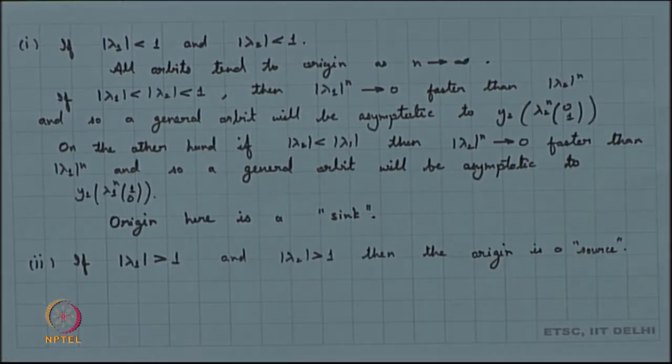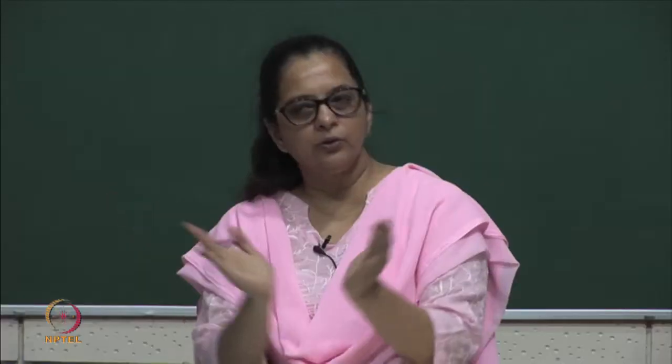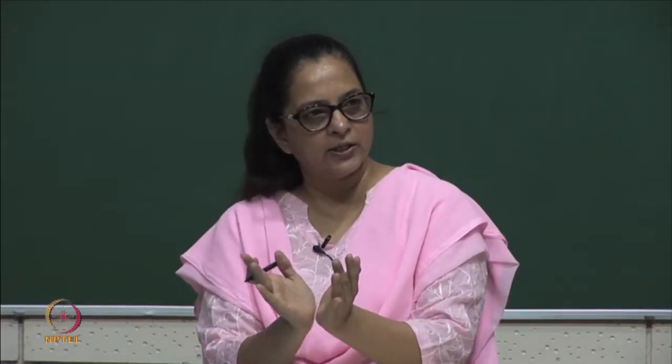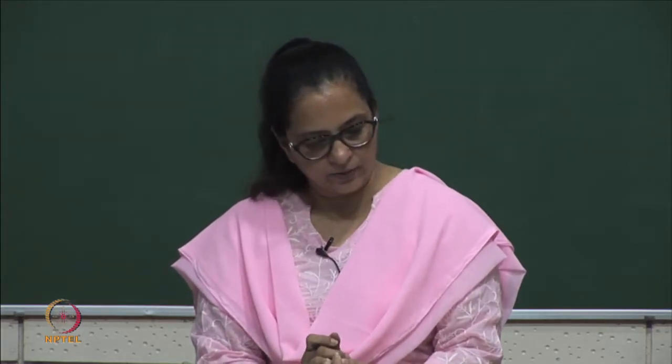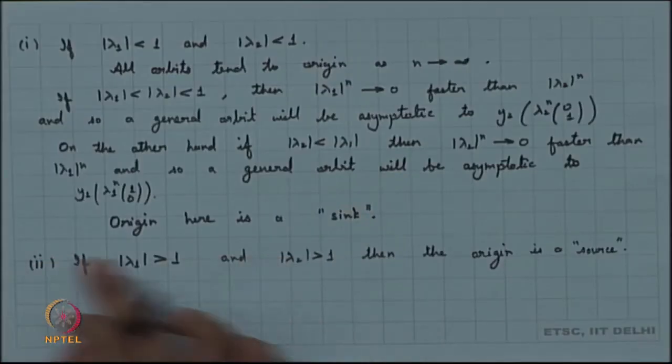Your origin is a source because everything is basically asymptotic to the origin in the negative direction. As n tends to minus infinity, it is asymptotic to the origin. But what happens here again? I can still have some difference between these two.